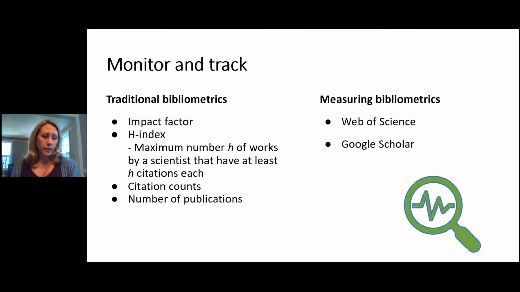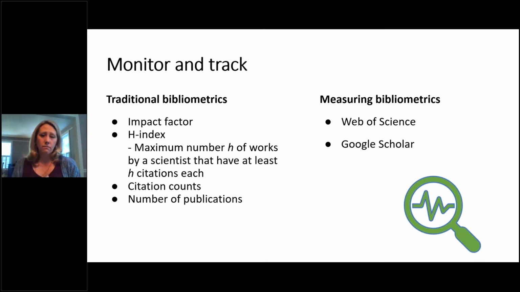And then once you've done some promotion of your work, you're kind of established, you've published some papers, you can monitor and track your impact. This is really important for some of you when you go forward. If you work in academia, a lot of your tenure and promotion considerations are based upon your impact as a researcher.